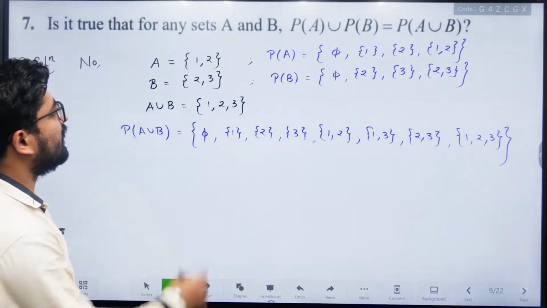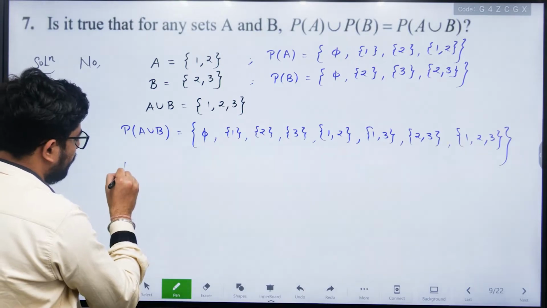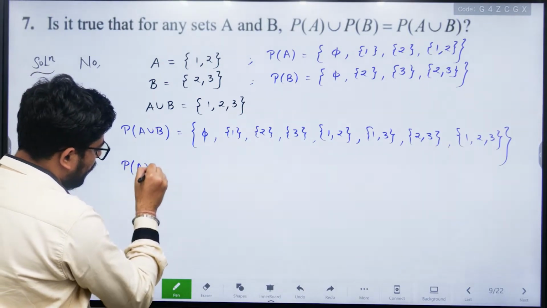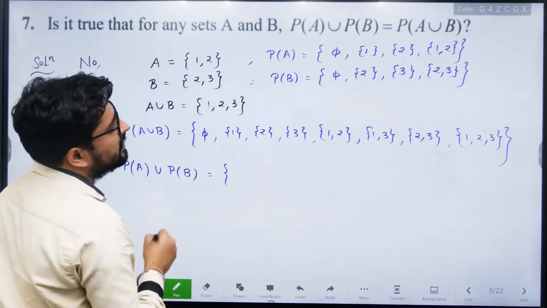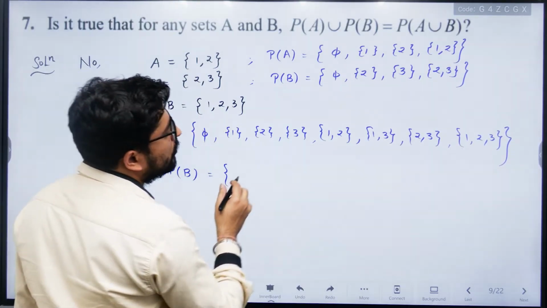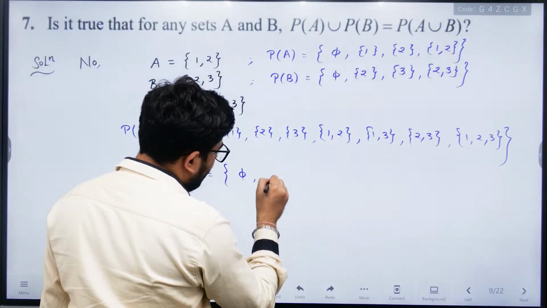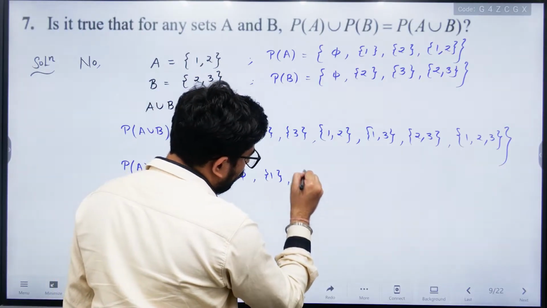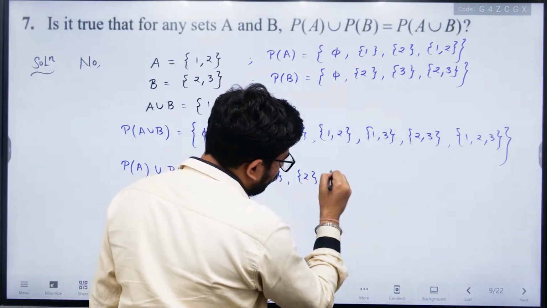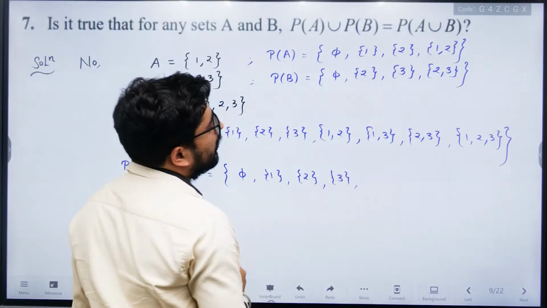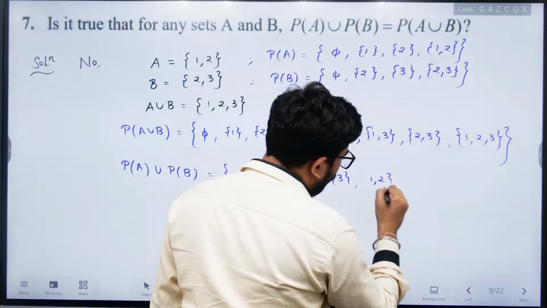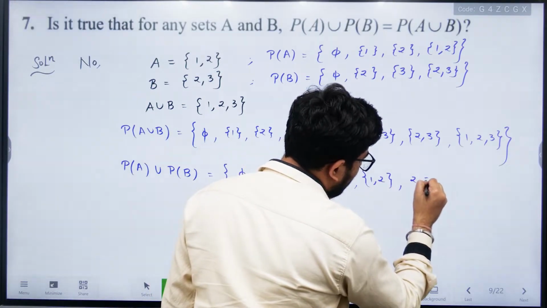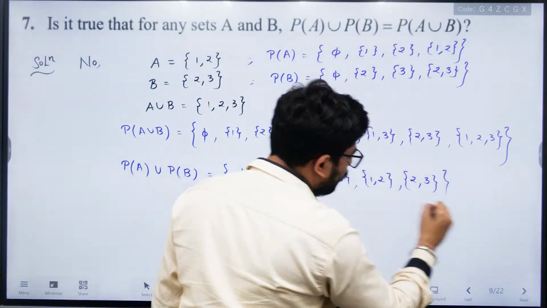These 8 elements. And if you calculate P(A) union P(B), power set of A union power set of B, that is empty, 1, 2, 3, 1, 2 and 2, 3, 1, 2, 3.